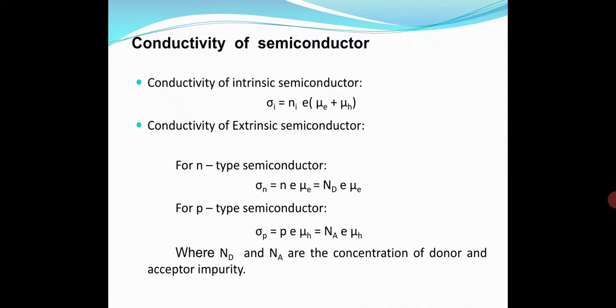For an N-type semiconductor, it depends on the number of donor impurities, the electron charge and the mobility of the electron. For P-type material, it depends on the number of acceptor impurities, that charge and the mobility of the holes. For intrinsic, there is an equal number of electrons and holes, so sigma is equal to n_i e (mu_e plus mu_h).